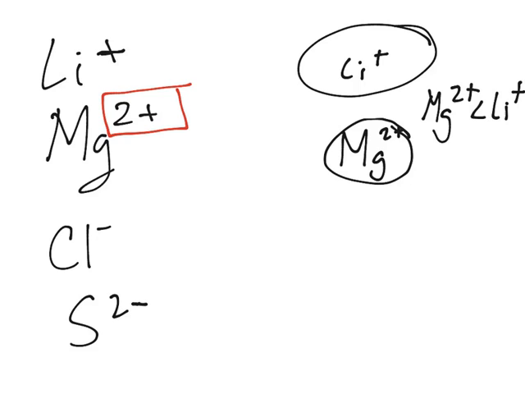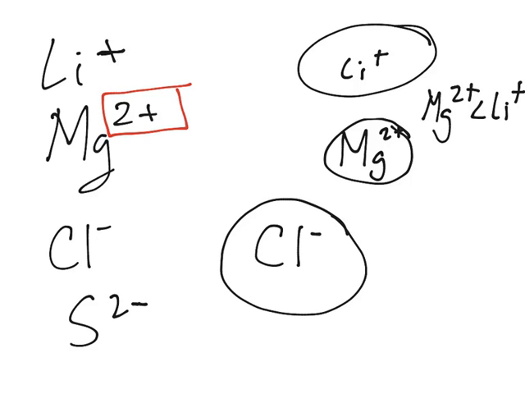Then for ions like chlorine and sulfur, the ionic radius will increase because of a stronger repulsive force. Chlorine only has one negative charge, so it will be a little bit bigger than lithium.